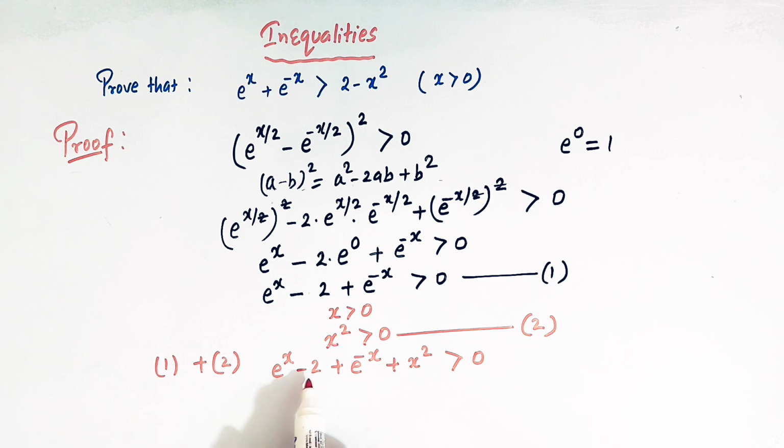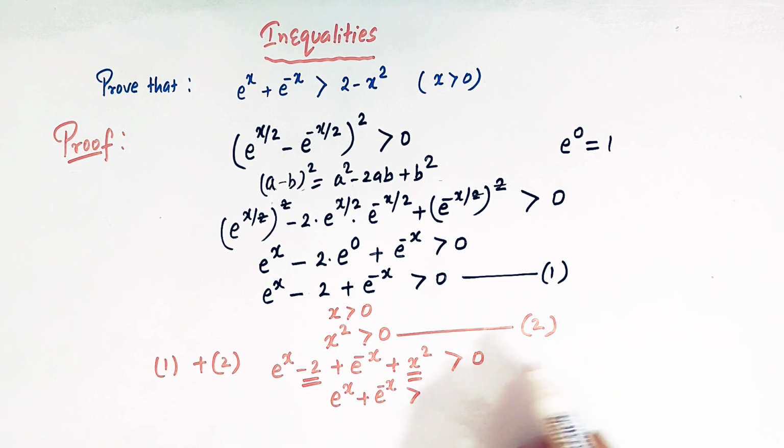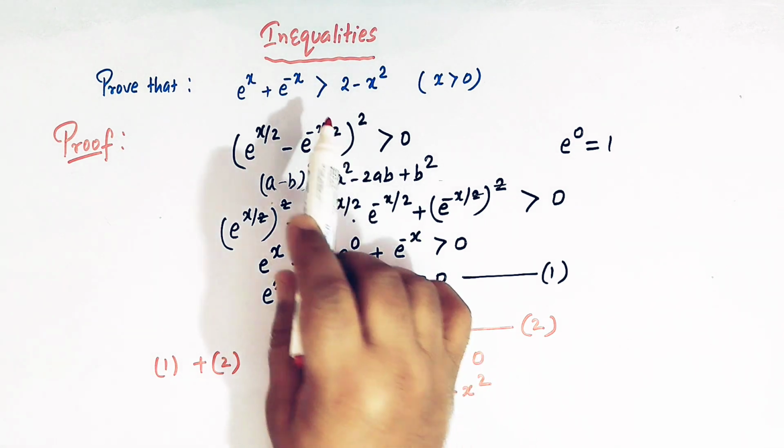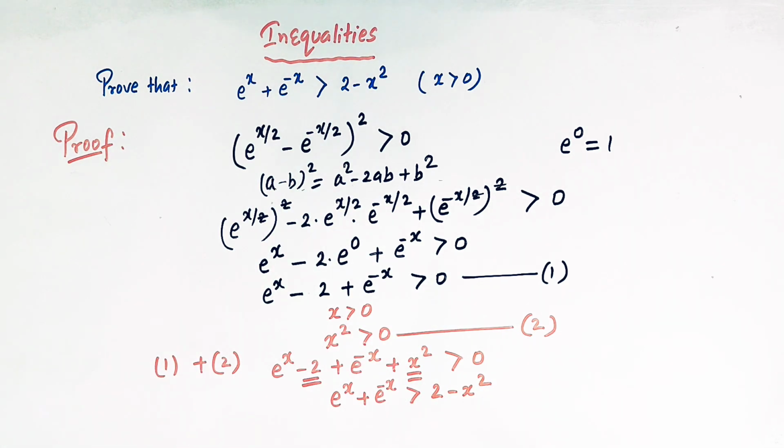Now if we take these two terms to the right hand side, we'll get e^x + e^(-x) is greater than, we'll take minus 2 to this side, so we'll get plus 2, and x² to this side we will get minus x². So this is the desired inequality.